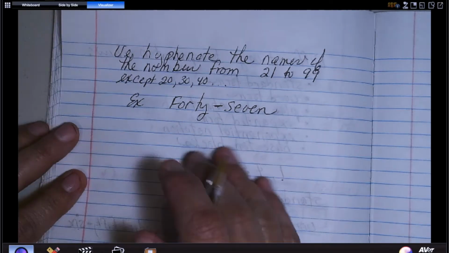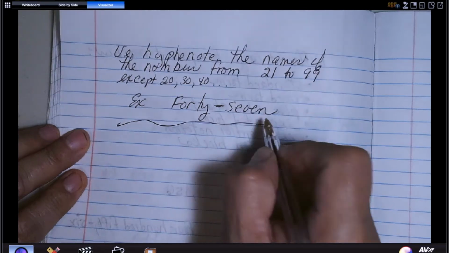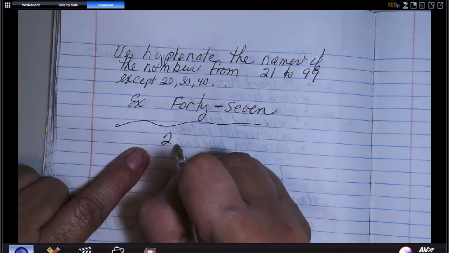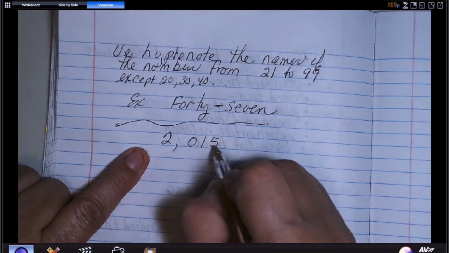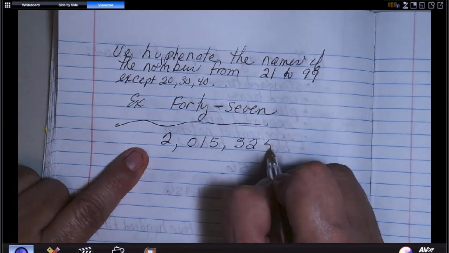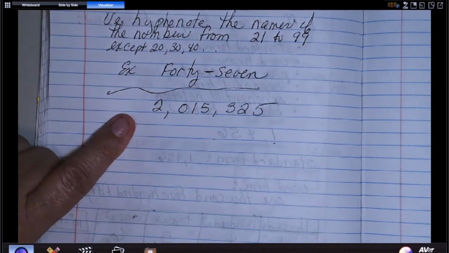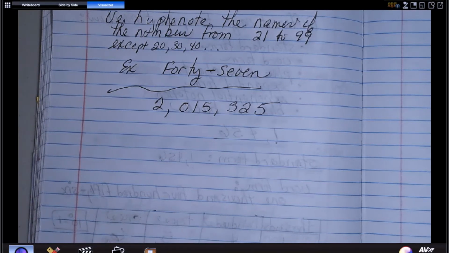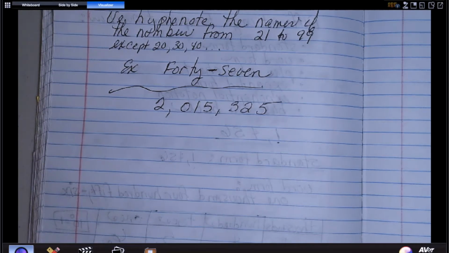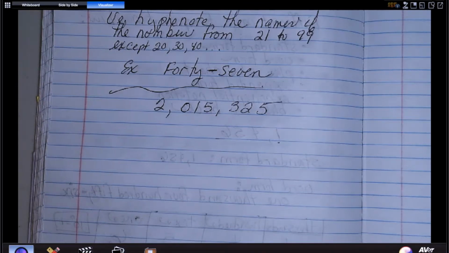Okay, so let's go ahead and practice. Let's look at this number. Now, in cases like this, we may want to use a place value chart.